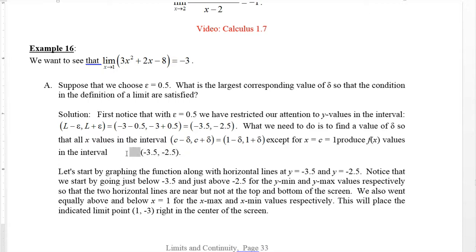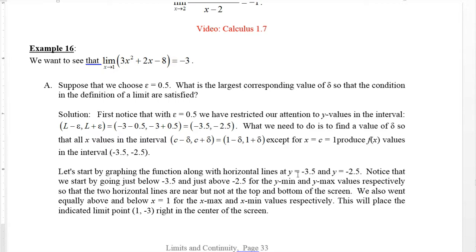Now, how can we start working at this? Let's start by thinking of it graphically. These y values, L minus epsilon and L plus epsilon, in our case negative 3.5 and negative 2.5, are y values where we can draw horizontal lines.